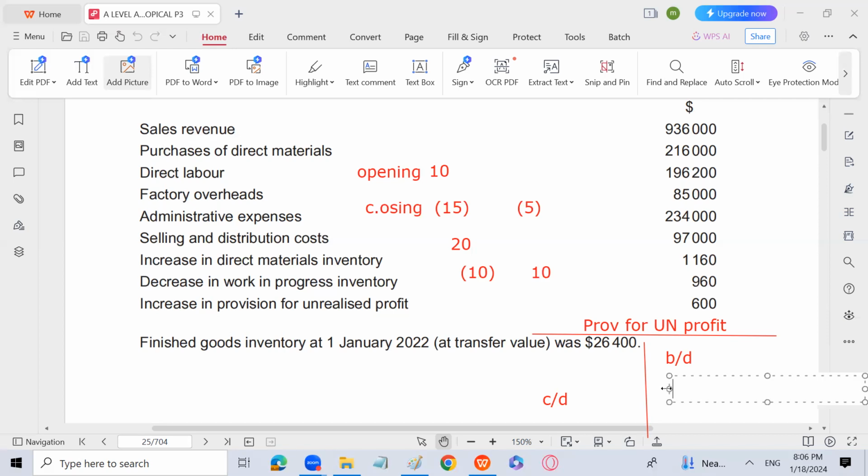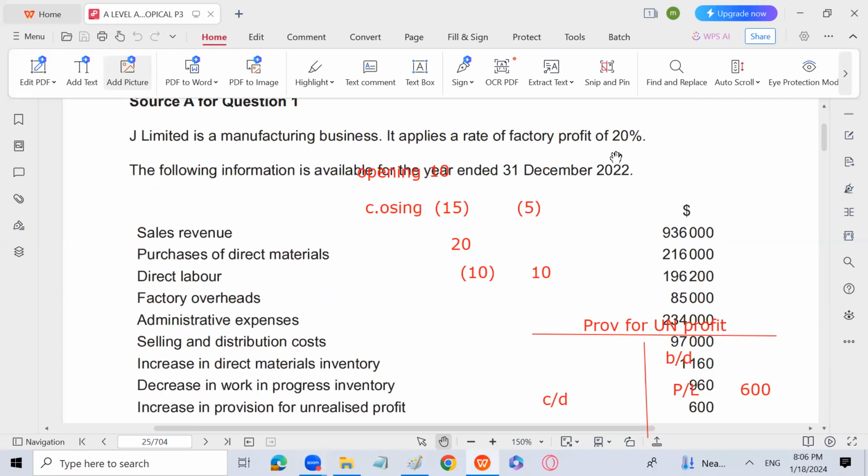So I will write the increase over here, profit and loss, which is going to be 600. Sir, where is brought down? We have to find brought down. Sir, how come? We know that the factory profit, which is given in the question, is 20%, for everything.